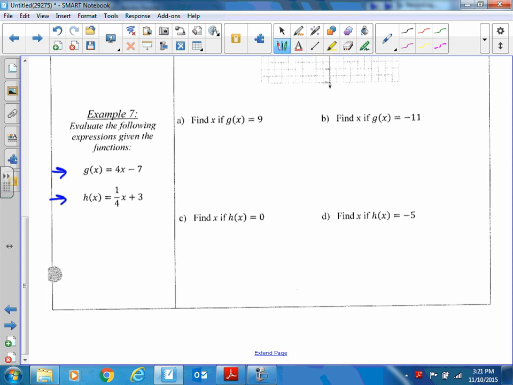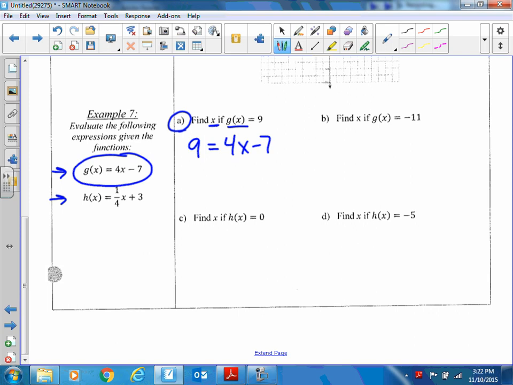So letter A wants us to find x if g of x is equal to 9. So we're going to go to g of x and use this function because it's telling us that right here. So it's saying that this g of x is equal to 9. So 9 is equal to 4x minus 7.